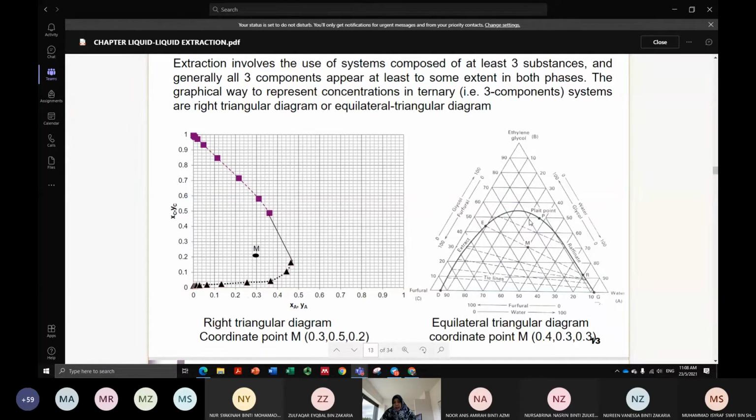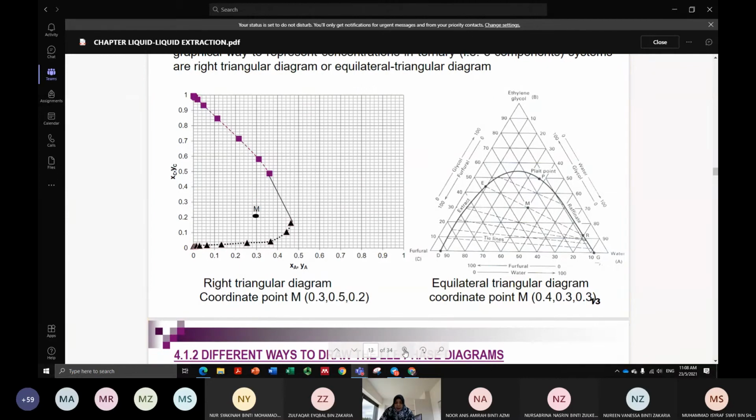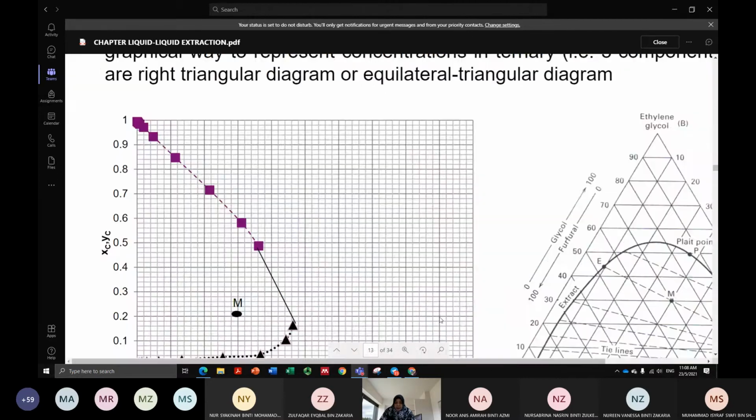If you're talking about the same solution and solvent, they should be the same data provided in that particular graph. So let's learn how to read this graph.